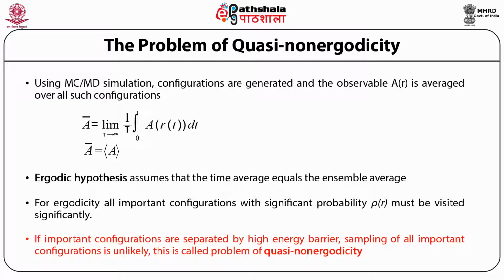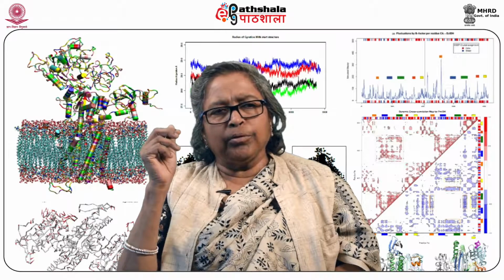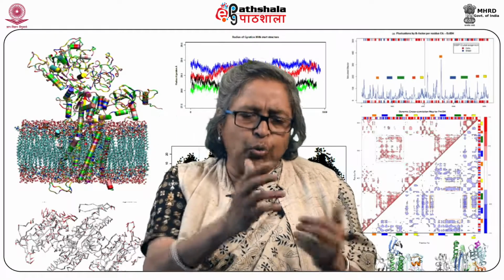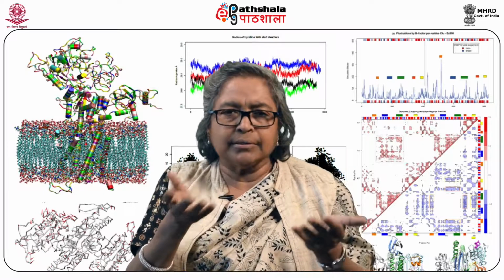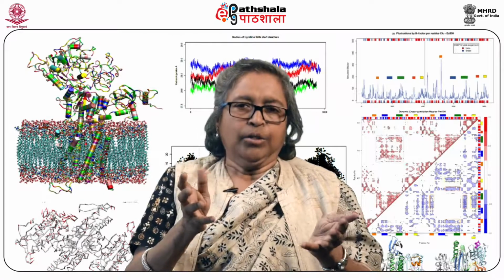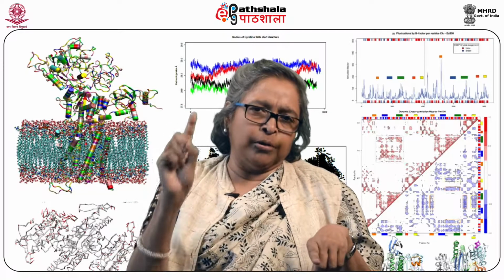And that leads us to change the approach, so that we can cover the samples. Sampling is difficult, as I have shown you, especially at that level. Now, there are two ways to alleviate quasi-nonergodicity.